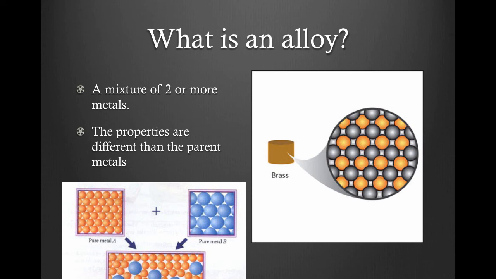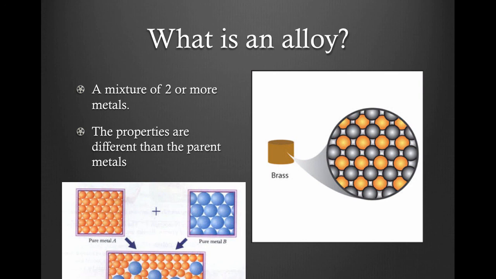So what is an alloy? Well, an alloy is a mixture of two or more metals, and on the right we have brass, which is a mixture of zinc and copper. And we see that the properties of an alloy are different from the properties of either pure metal.